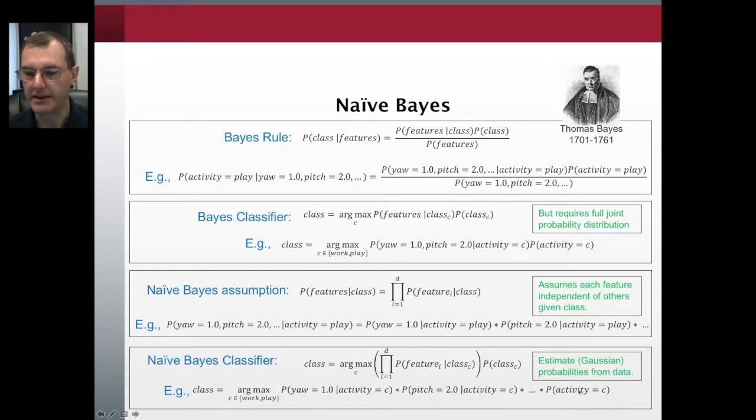And then the prior probability on the classes is just going to be estimated from the data. The prior probability for work is just the proportion of activities that are work over all of the activities, and likewise for play. So I know that's a lot of math, but that'll give you the theory behind the naive Bayes classifier. But now let's look and see how we can implement it within the scikit-learn module.